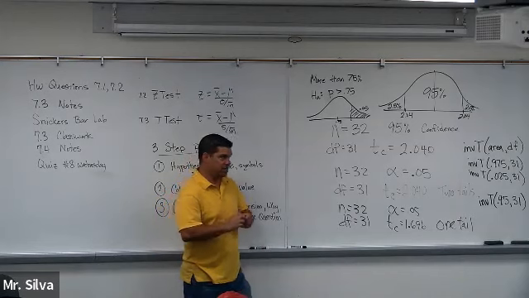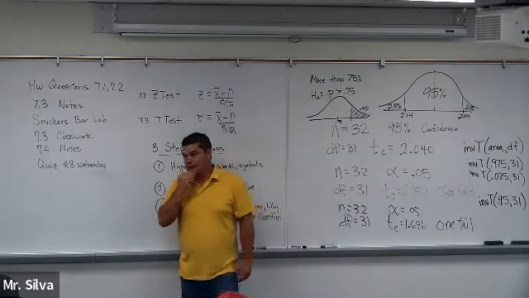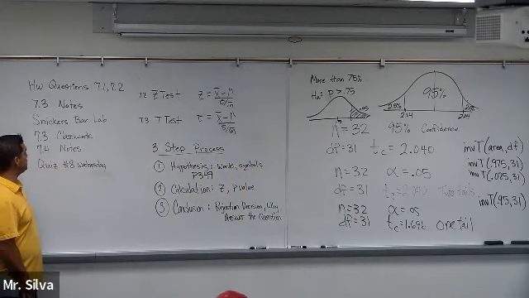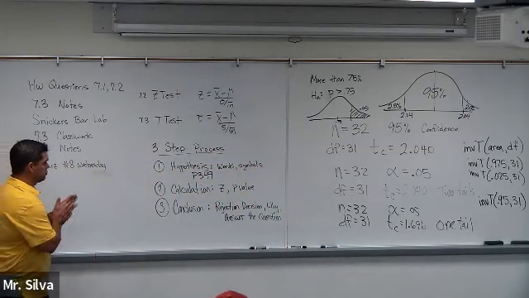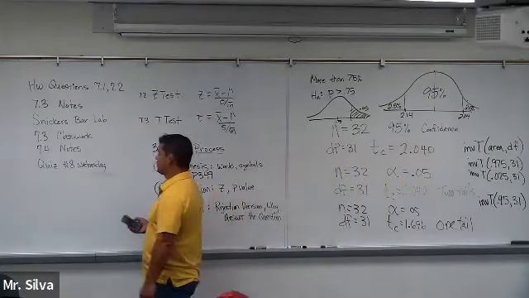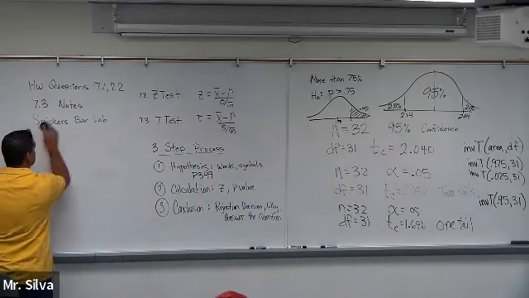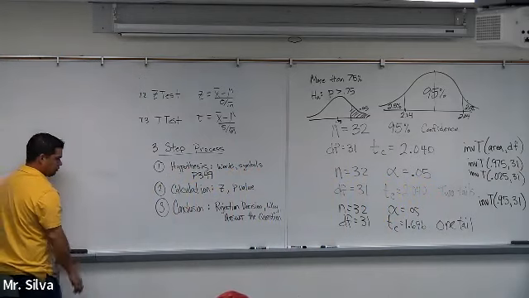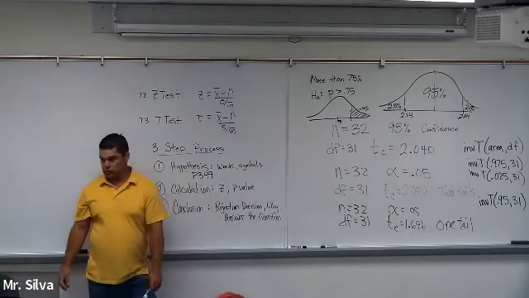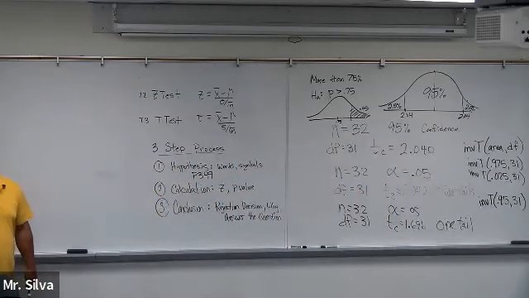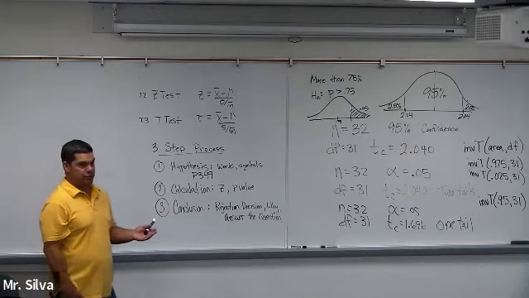The inverse T of 0.95 is 1.696. All right, cool. We got T critical values.